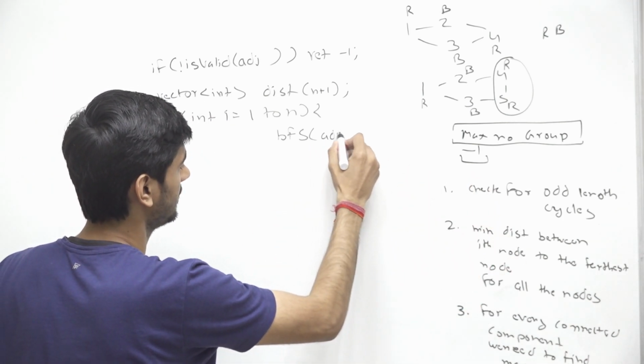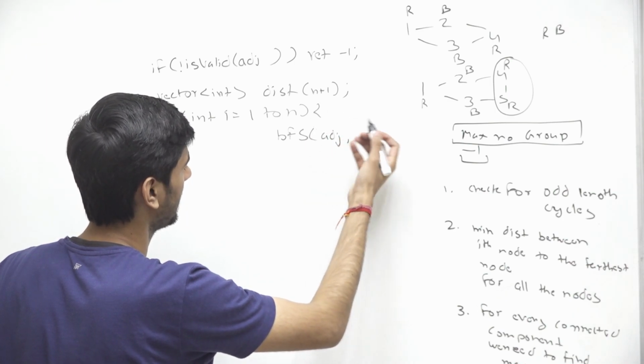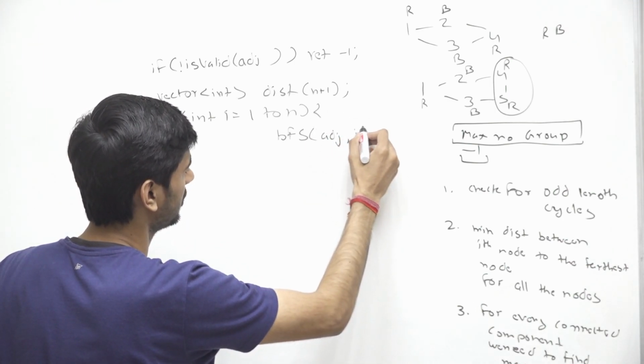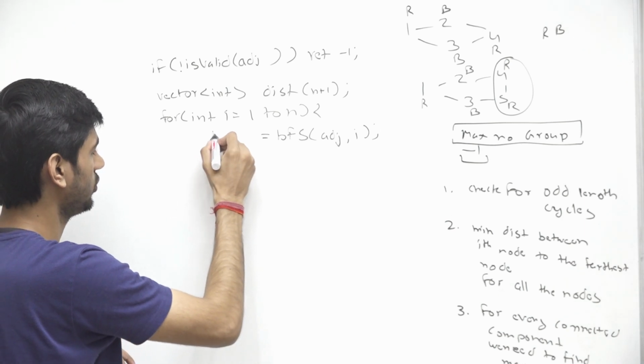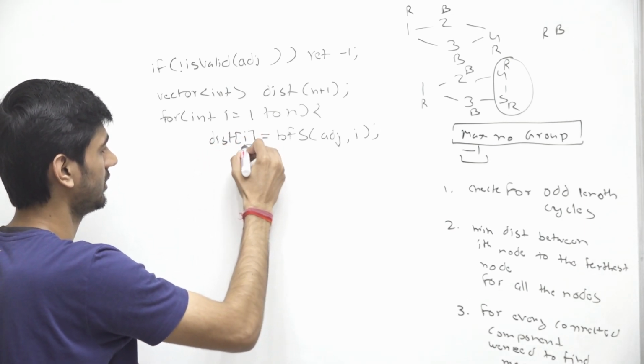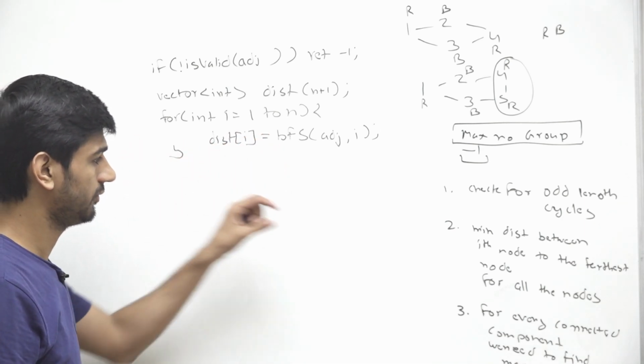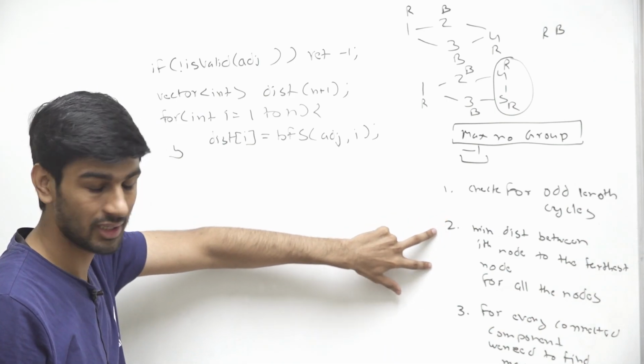We pass the adjacency list and the ith node for which we want to find the distance. It will return that distance, and we will store it in this vector, right? Okay, now the second step is also done.